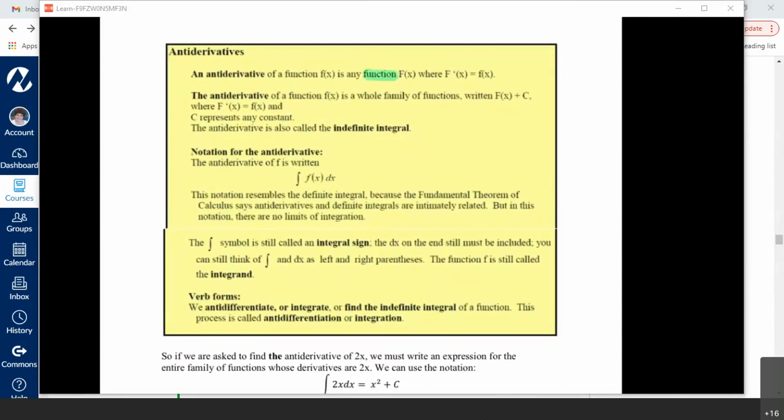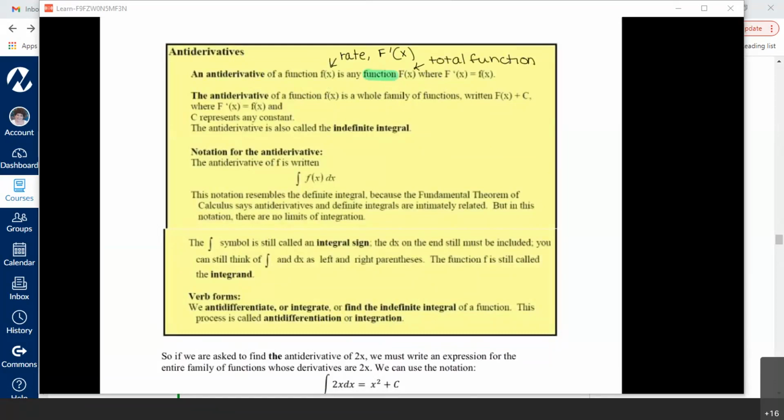Such that, and again, this business with the capital and lowercase f's drives me crazy, they're essentially saying this was a rate that you started with, f prime of x, and when you anti-differentiate it, you get f of x, the total function, back again.